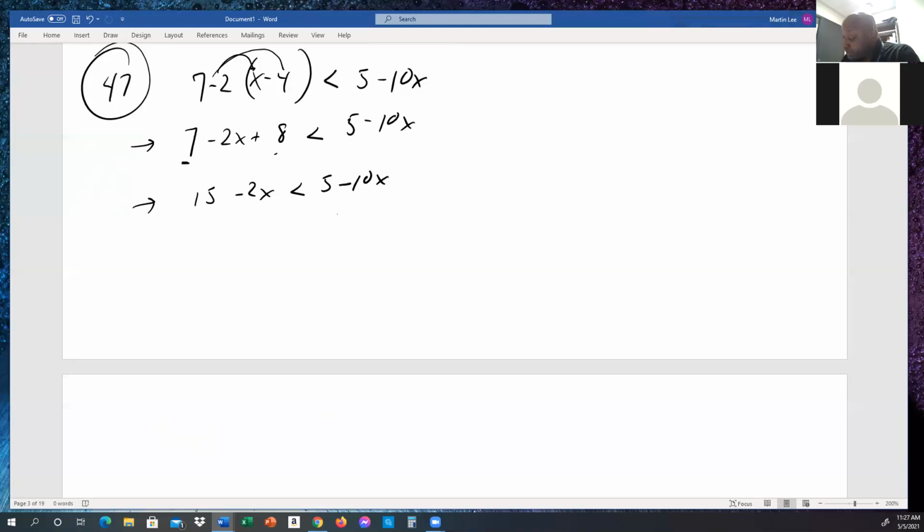Next, let's add 10x to both sides. And this gives us 15 plus 8x is less than 5. Now let's subtract 15 from both sides.